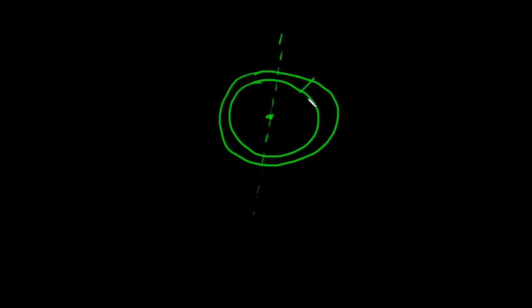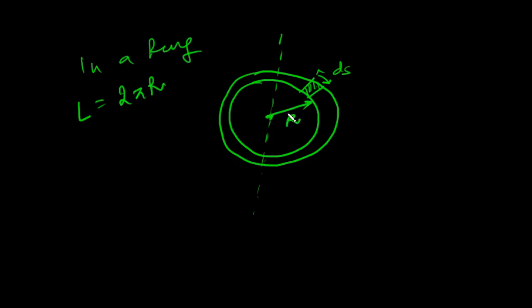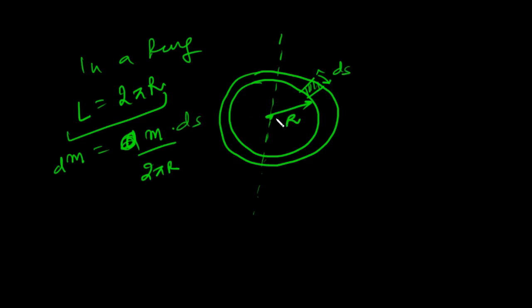If I take a strip of mass, this strip has length ds, and in a ring, the length is always constant, since the length would be 2 pi r. This is the radius. So we can express the mass in terms of length. Alright. So dm would be equal to the whole mass divided by the total length times the length of the mass, ds.